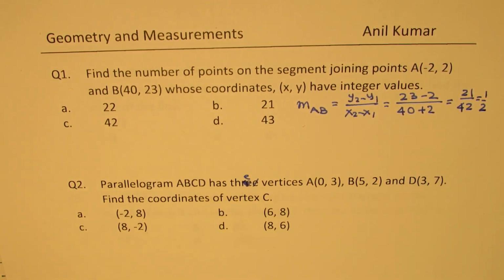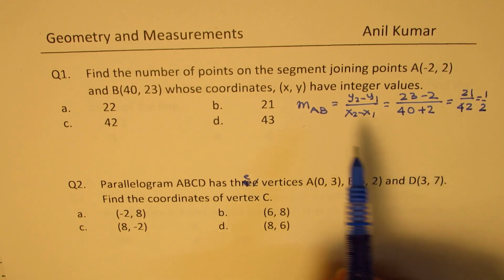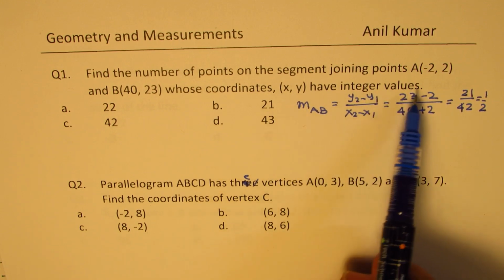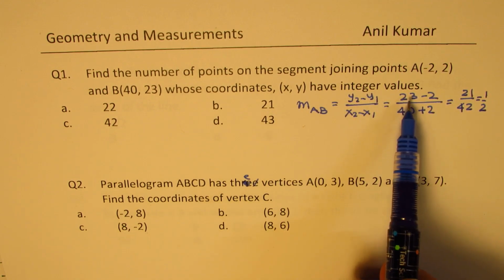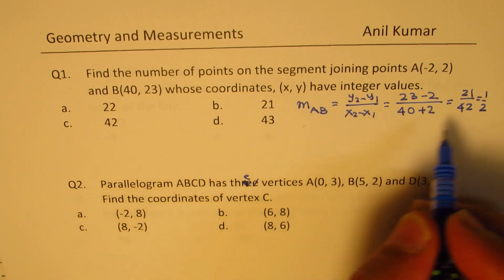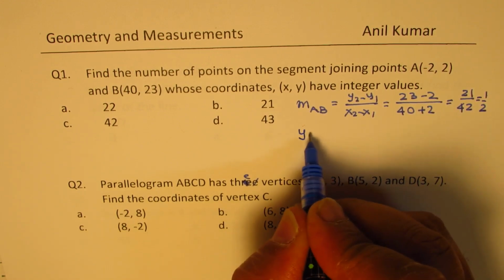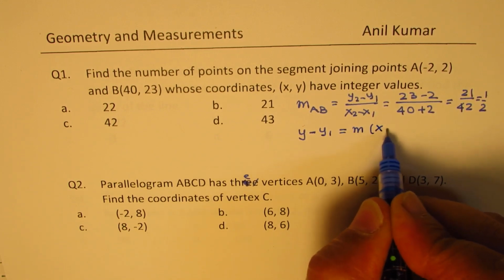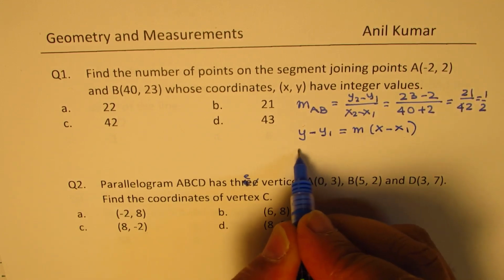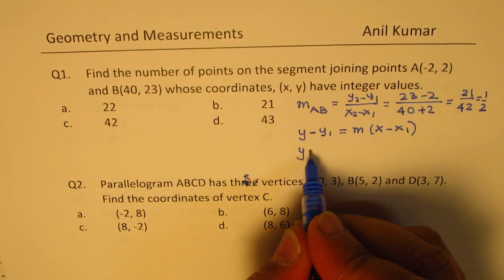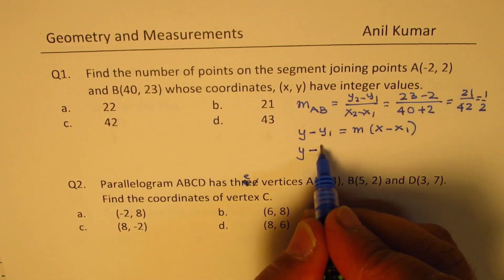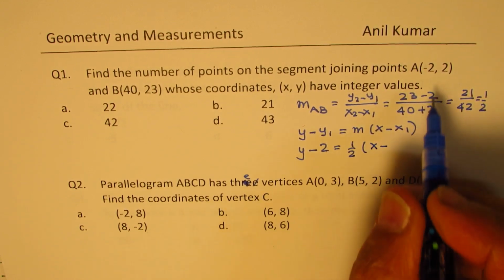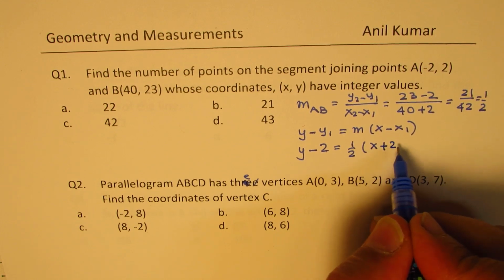So slope is half. Now, even from the slope, actually we can figure out how many points will have integer values. But it's better to find the equation. The equation of the line could be written as y minus y1 equals m times x minus x1, correct? So let's take this point. So y minus 2 equals slope of half times x minus (-2), that makes it plus 2, correct?